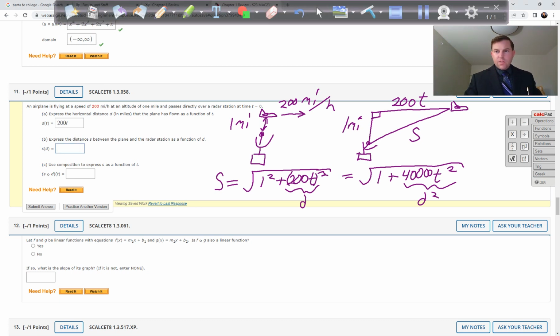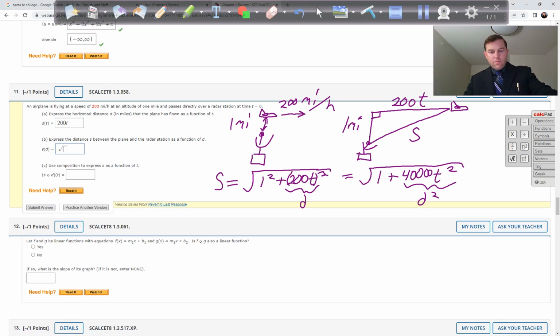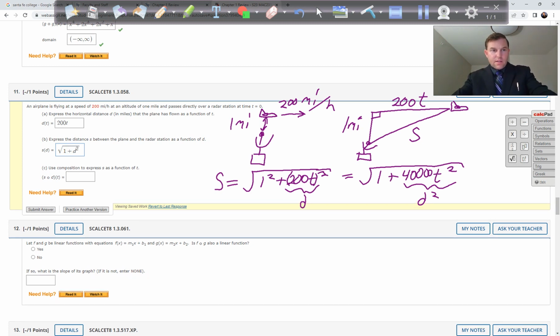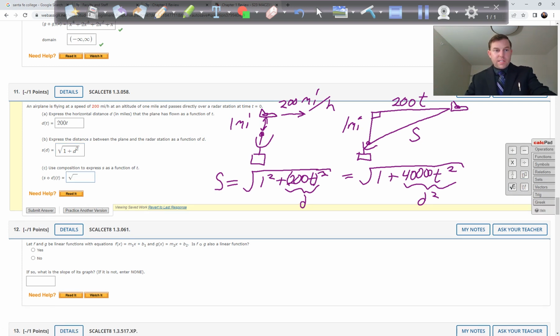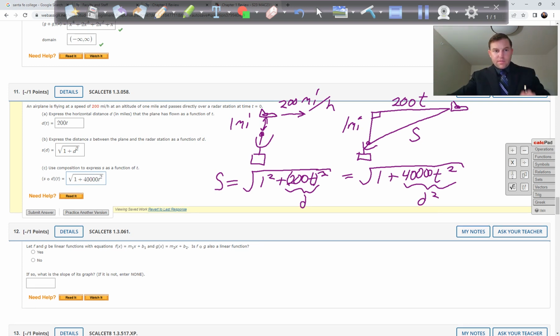This would just be the square root of 1 plus d raised to the second. Now in the second part, when you replace d with what it is, 200t, you get 1 plus 40,000 times t raised to the second. Okay, so that should be for those two.